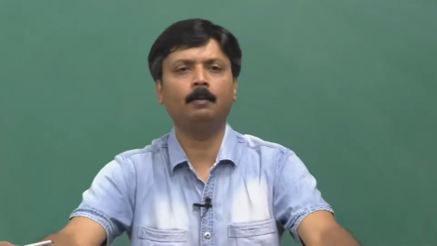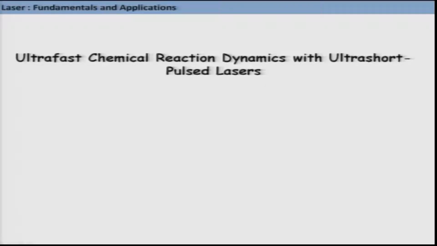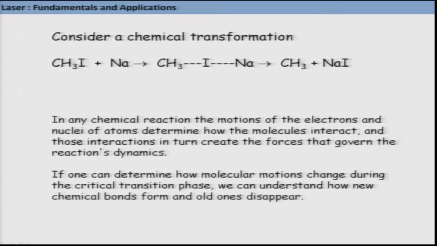So, we will be talking about ultra-fast chemical reaction dynamics with ultra short pulse lasers. Now, first let us consider a chemical transformation which is given here on the screen. Methyl iodide is reacting with sodium and ultimately forming CH3 radical and sodium iodide.